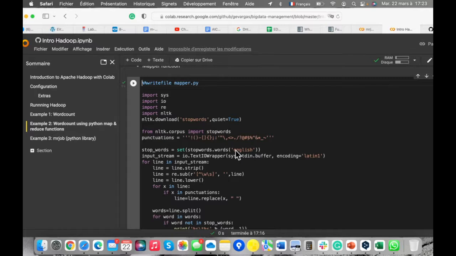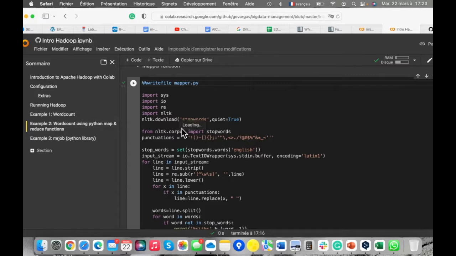Remember that stop words are adjectives, pronouns, and when you say 1, 2, 3, that's numerical adjectives. So all the grammatical elements that help us build sentences, but that come up too often and do not have an impact on the content of the words. So these are stop words.